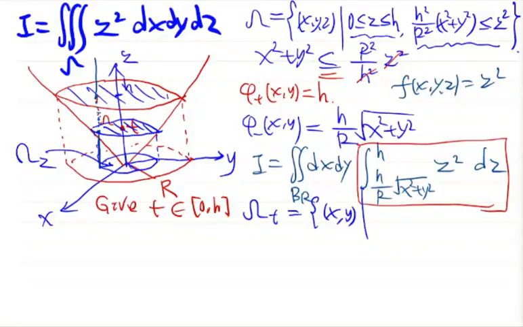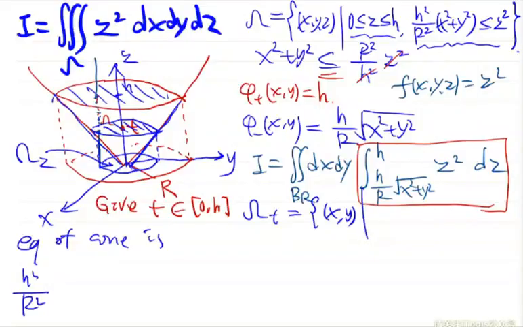The equation of the surface, the cone, is h squared over r squared times x squared plus y squared equals z squared.